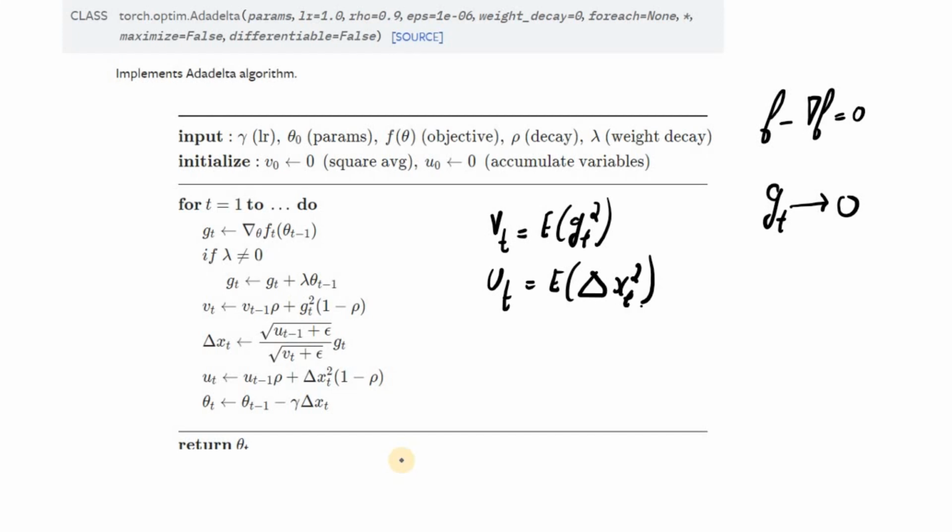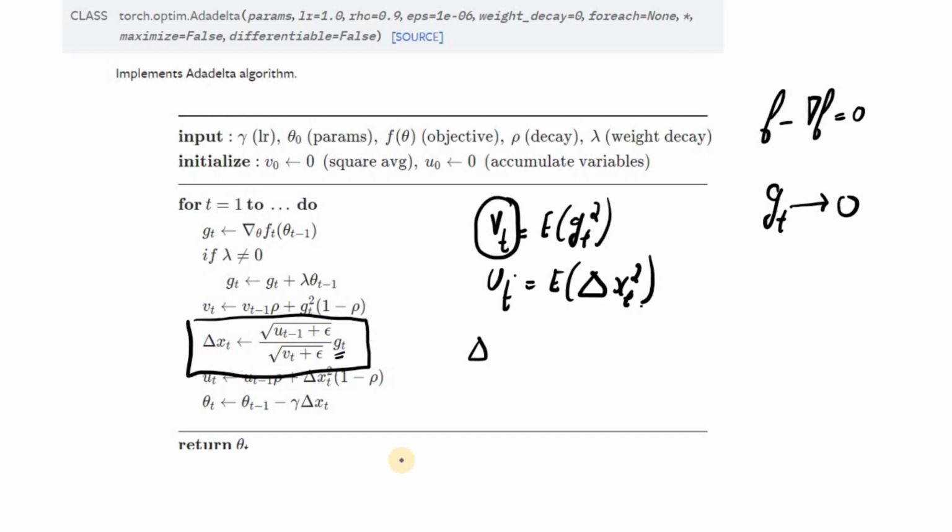And how exactly are we capturing the gt? We are capturing it with the vt over here, and we are also capturing it with delta xt. So if I look at the definition of delta xt, it considers a scaled, weighted value of gt in terms of ut and vt.